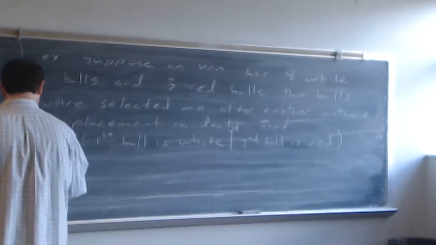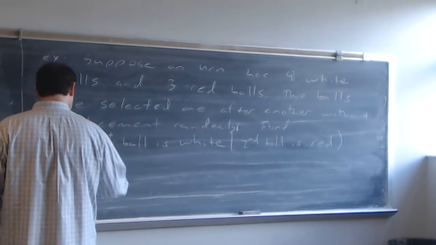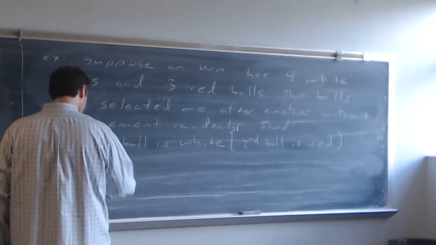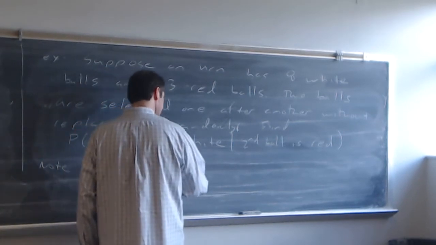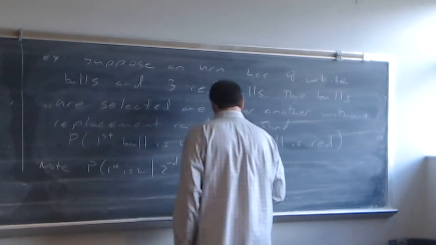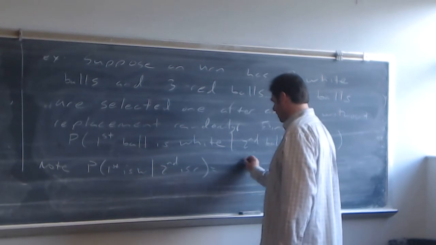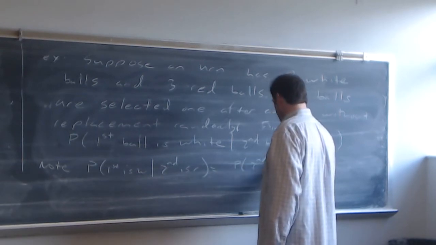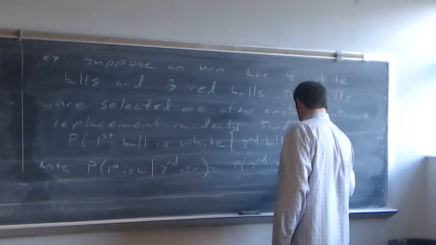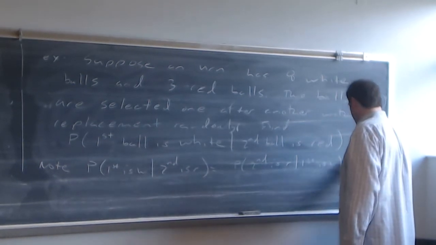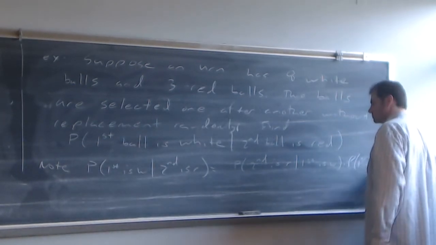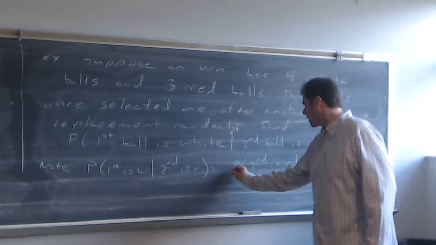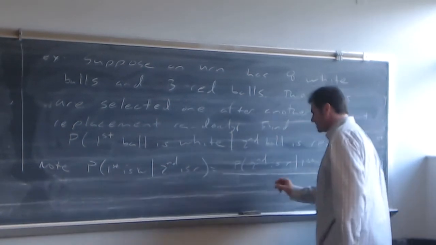So here, note the probability that the first is white, given second is red. What that's equal to by Bayes' theorem is the probability that the second is red, switching, given first is white, times the probability that the first is white, all over this exact same thing.